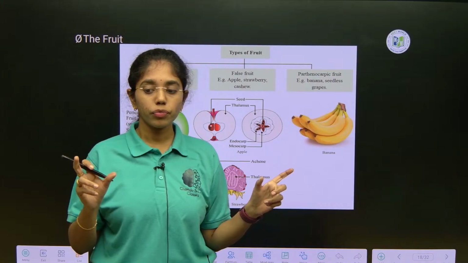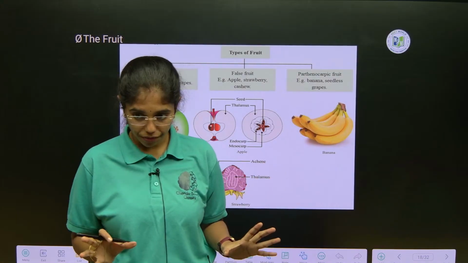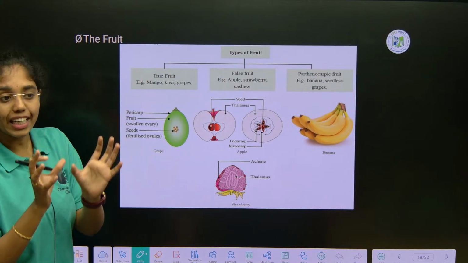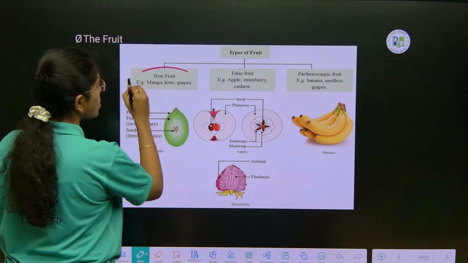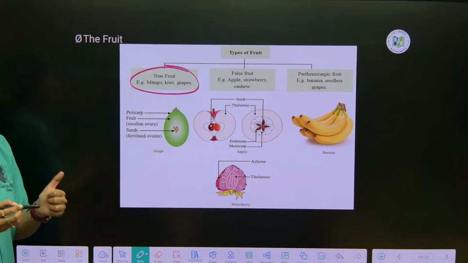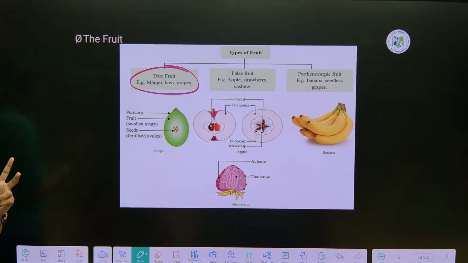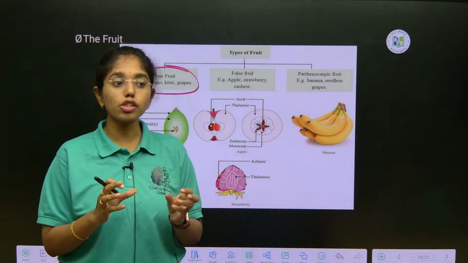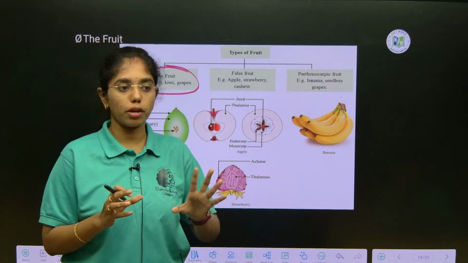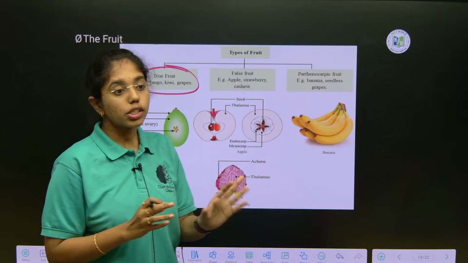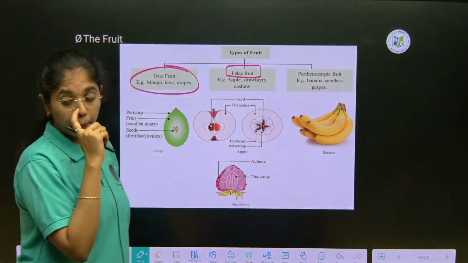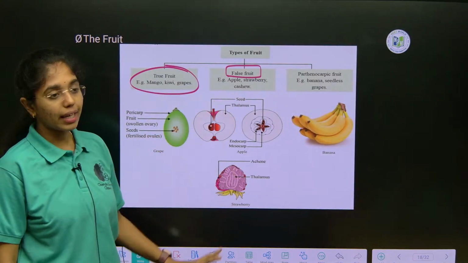Seed. And the ovary forms the fruit wall specifically. So, if a fruit is completely developed from the ovary, that is addressed as a true fruit. Examples include mango, kiwi and grapes. False fruit: if any other floral part is also involved in fruit formation along with the ovary, such fruits are addressed as what? False fruits. Examples: apple, strawberry, cashew.